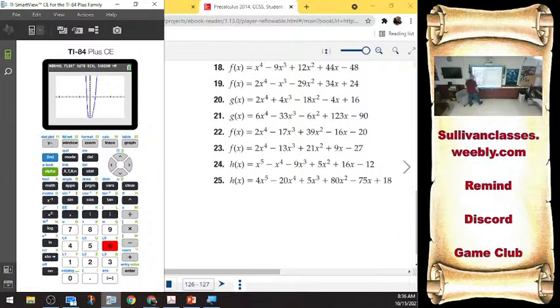Okay. Y is 2x to the fourth minus 13x cubed plus 21x squared plus 9x minus 27, double check.